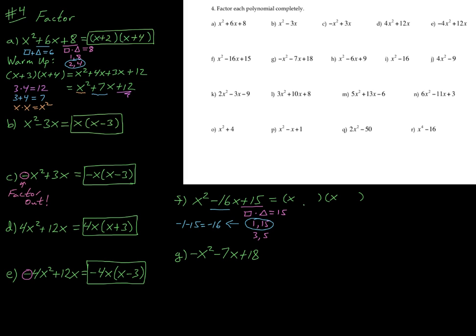And so here we're looking at x minus 1 and x minus 15, and that's going to do it. And again, we can just easily check our answer by multiplying. x squared minus 15x minus 1x, that's a minus 16x, and then plus 15 to finish. All right, on to G.